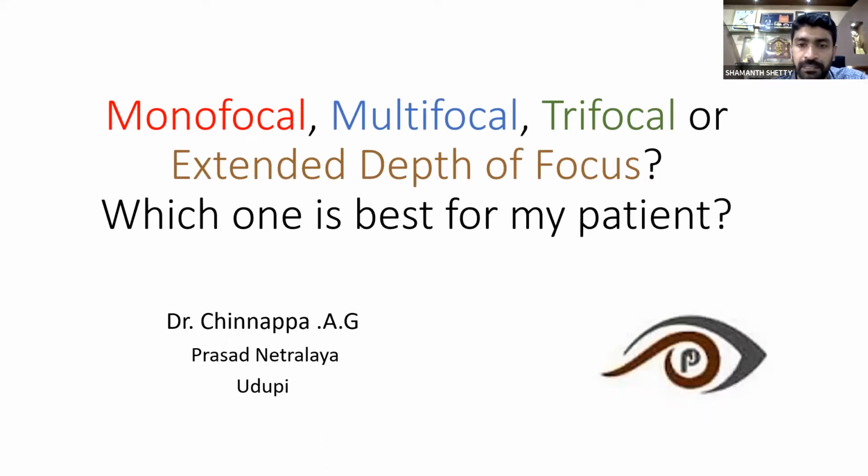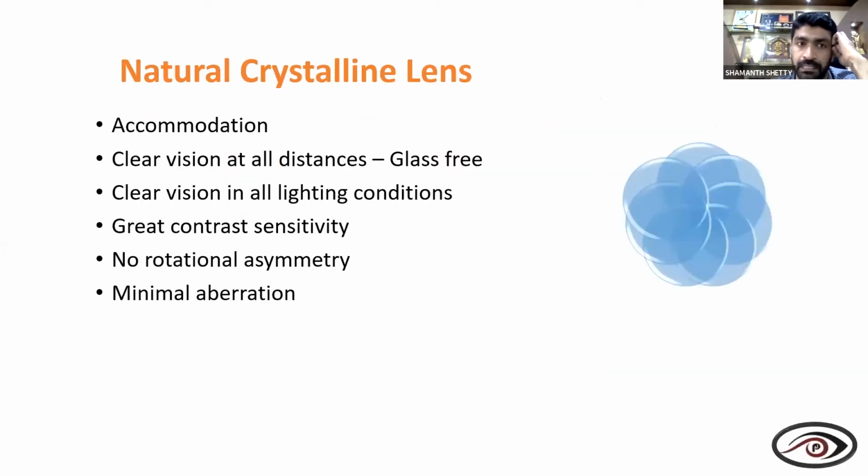The topic of my presentation in this instruction course is mainly about extended depth of focus IOLs. As we know, there is a myriad of IOL options available to the surgeon, and it is for us to decide what is best for our patients. Whatever said and done, the whole intention when we replace the cataractous lens with an artificial lens is to try and get a vision which is as close to natural as possible.